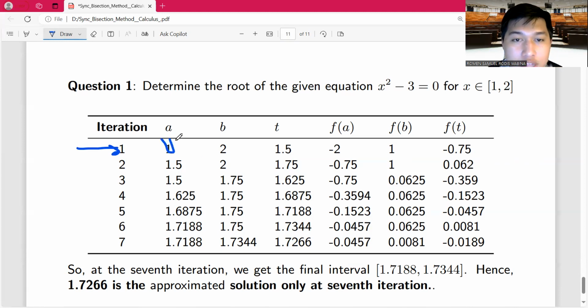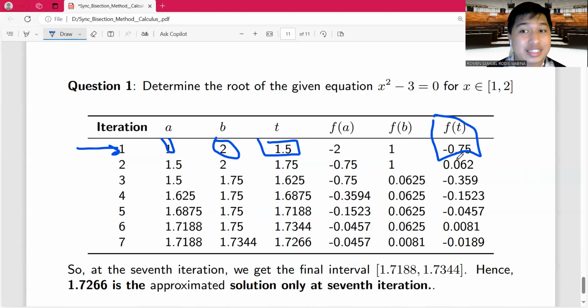We have 1 and 2 as our interval, and we calculated its midpoint: 1 plus 2 divided by 2 is 1.5, and we calculated the f of t. Since f of t for the first iteration is negative, the value of a for the second iteration will be changed to the value of t from the first iteration. Okay, and the value of b will stay the same.